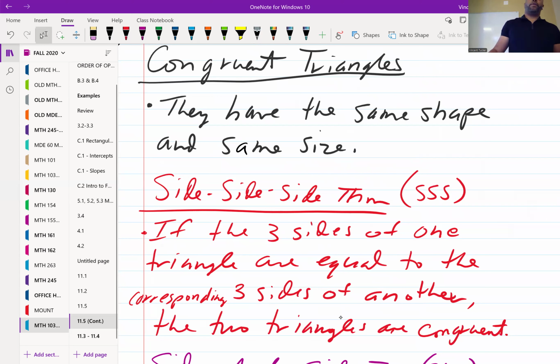We have 3 theorems that will help us determine if we have congruent triangles. Depending on the scenario, use the one of the 3 that will help you determine that. The first one is side, side, side. If the sides of one triangle are equal to the corresponding sides of another, then the 2 are considered congruent.